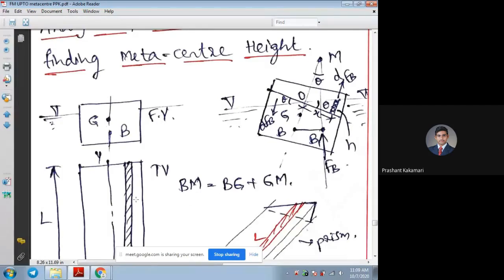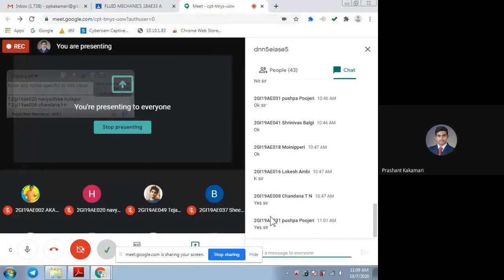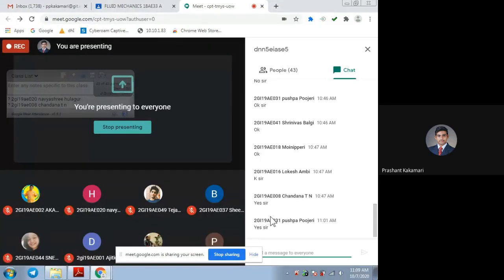Any doubts up to this discussion? Have you understood how the small or extra buoyancy force is added on the right side and reduced on the left side, and how an extra moment is generated due to change in the position of the buoyancy point?